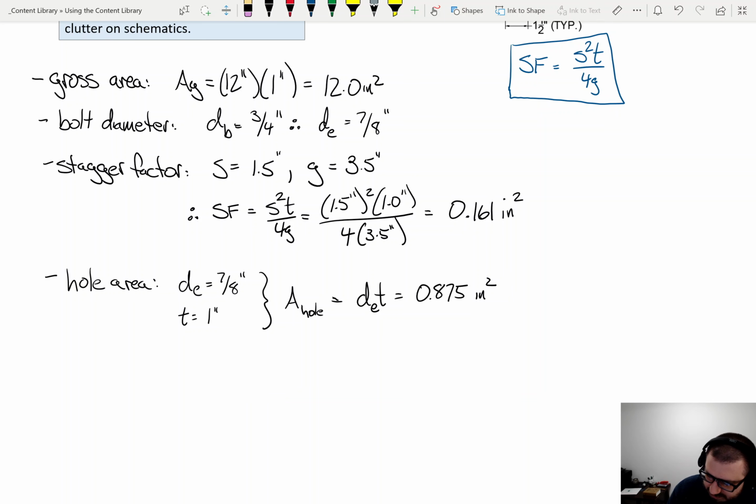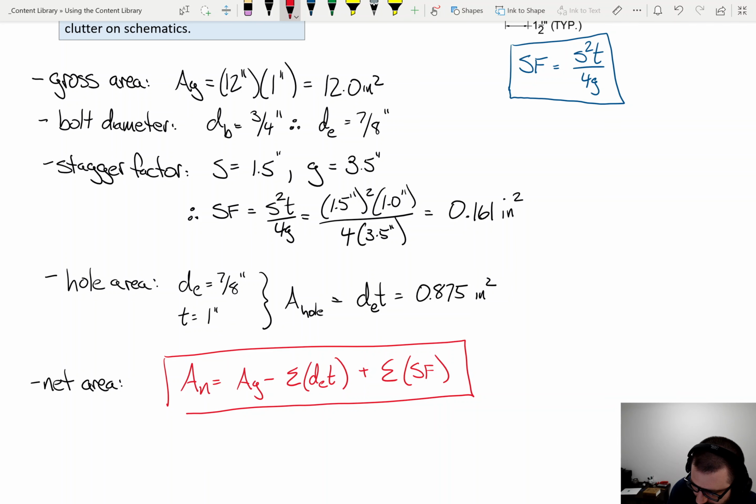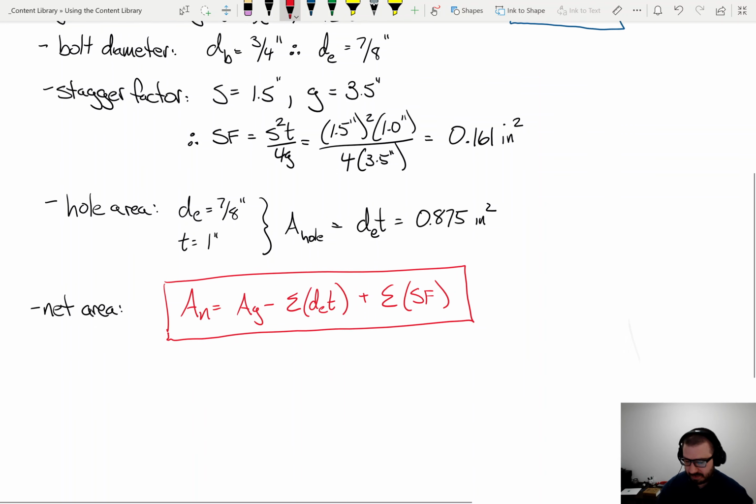So here, let's do it like this. Let's put net area. Our net area expression says that the net area is the gross area minus the sum of our hole diameters, which is just the area of the hole, plus the sum of all stagger factors. That's our net area expression. That's what we're going with. So what I want to do is set myself up a little table.